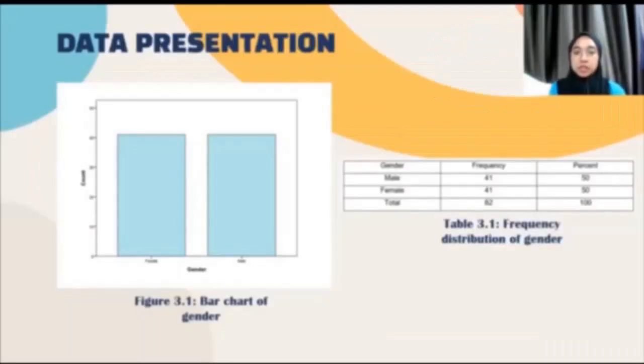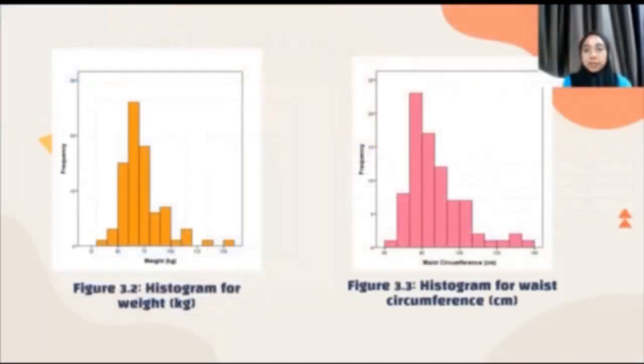Next is data presentation. Figure 3.1 and Table 3.1 show the bar chart and frequency distribution of gender of 82 people. Both male and female have the same percentage, which is 50%. Figure 3.2 is a histogram for weight, and figure 3.3 is a histogram for waist circumference.